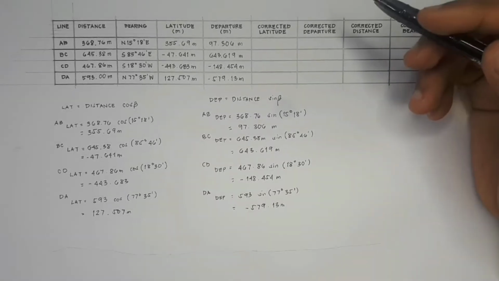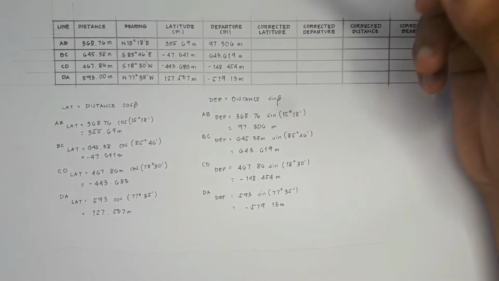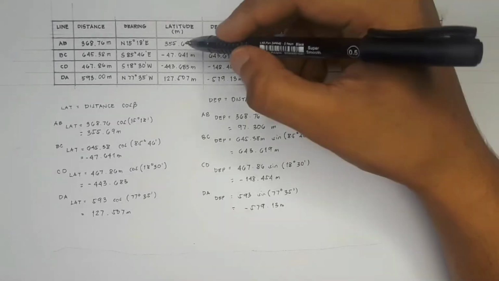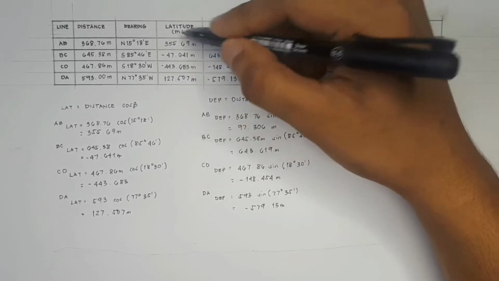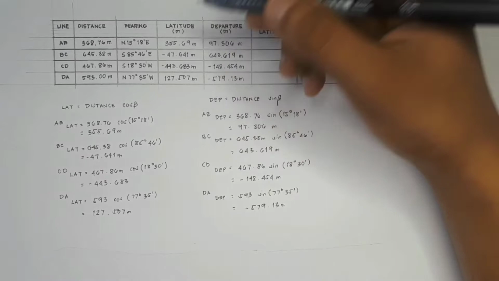So to check the error of the latitude and the departure, all we need to do is add all of these distances so we can get the error in our latitude.